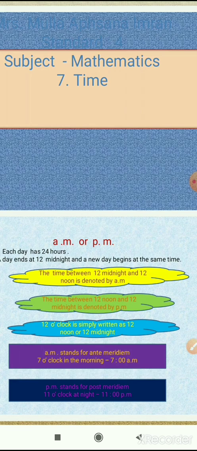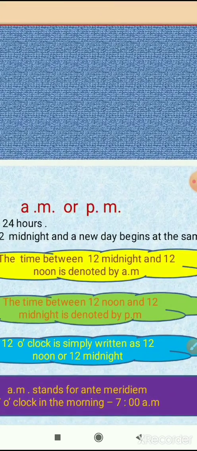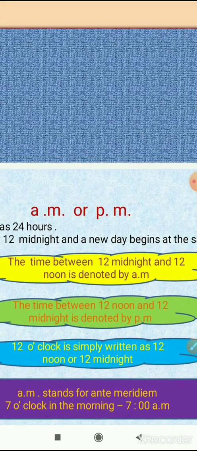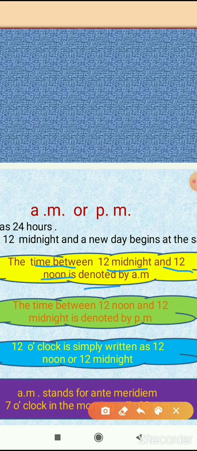So there are some points that you have to remember. Listen to these points. First, the time between 12 midnight and 12 noon is denoted by AM. Look here, the time between 12 midnight and 12 noon is denoted by AM.